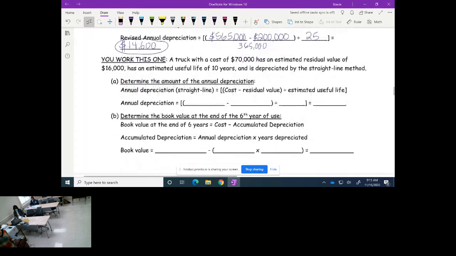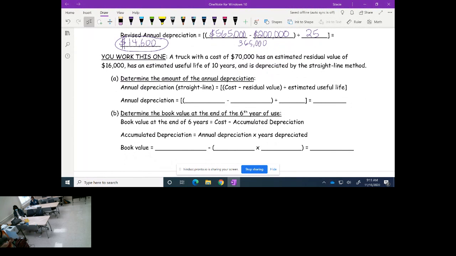Let's see, you work this one, but we'll do it together. Truck with a cost of $70,000 has an estimated residual value of 16. So remember, if you've got a residual value given to you, you're not going to depreciate that amount. You're going to depreciate up to that amount, but you're going to leave 16 in there.